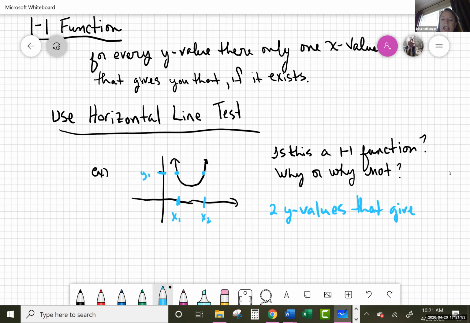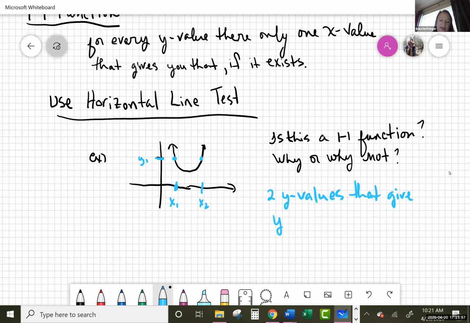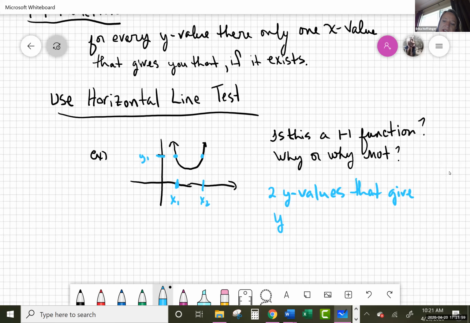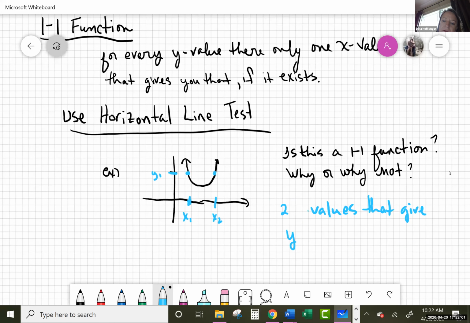Sorry, there's two x values, not y values. There's two x values that give you the same y value. So it's not one-to-one.